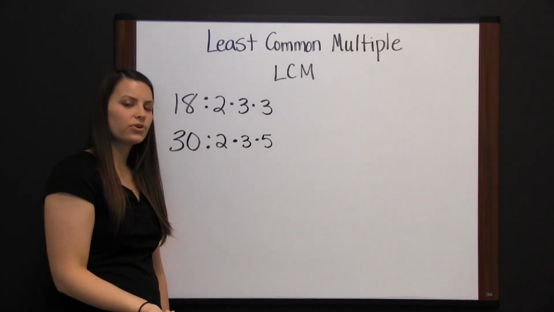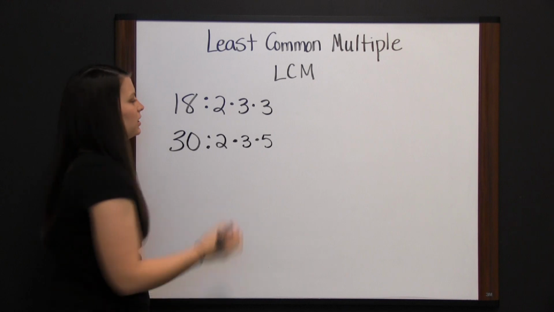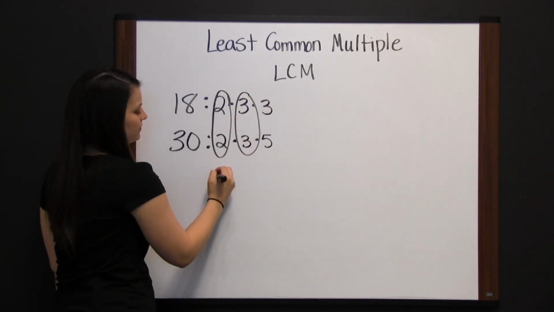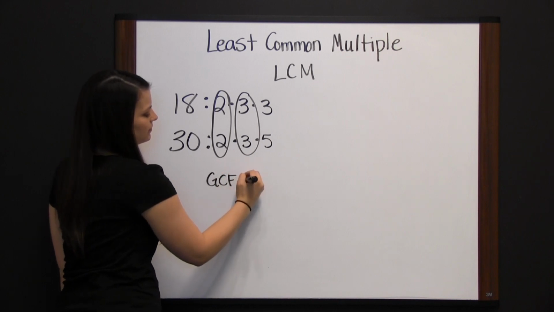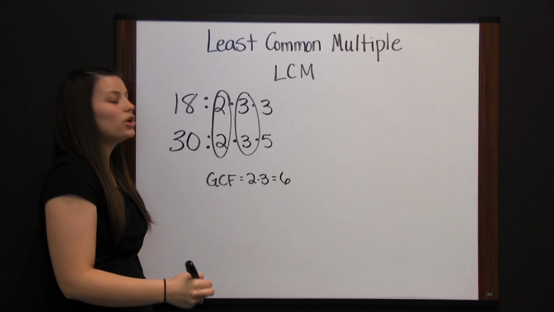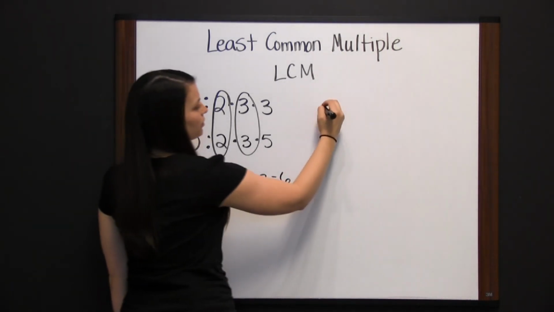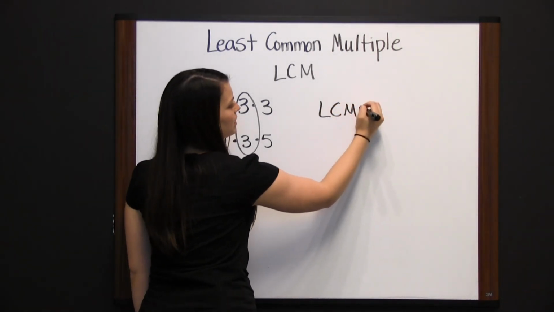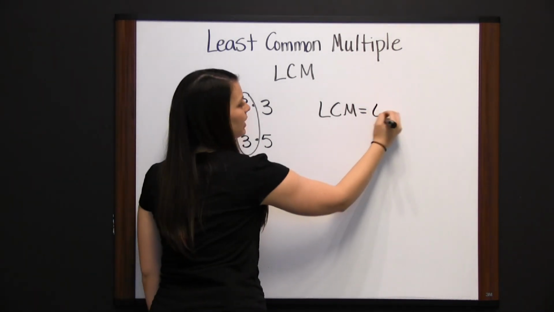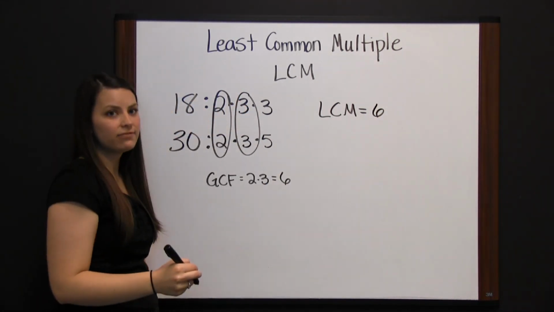The GCF, or greatest common factor, is 2 times 3, or 6. So our least common multiple is the product of our GCF, 6, and the remaining factors.